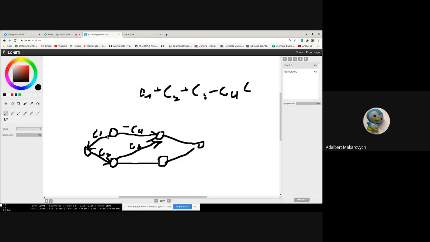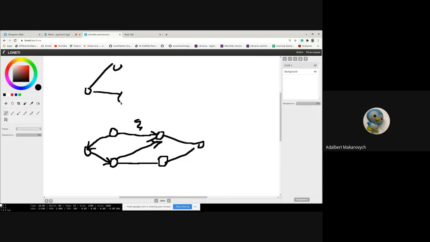Now let's prove that if we don't have such cycles, then we find the correct answer. Suppose that we have two flows, some flow C and some other flow C0.